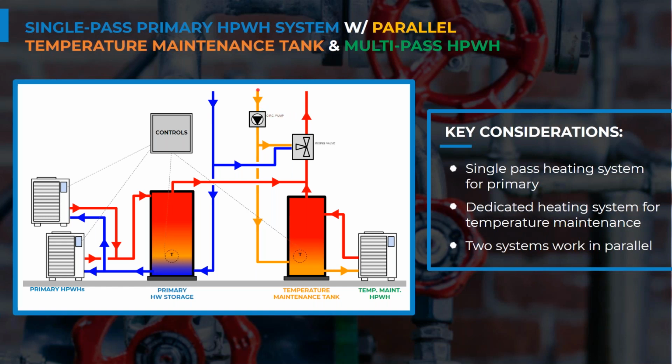Our temperature maintenance system is going to take the nearly continuously operating hot water circulation pump and put some of that water back through the mixing valve and put some of it back into the dedicated temperature maintenance tank. That temperature maintenance tank will be controlled on with an aquastat or some type of temperature sensor to the heat pump.